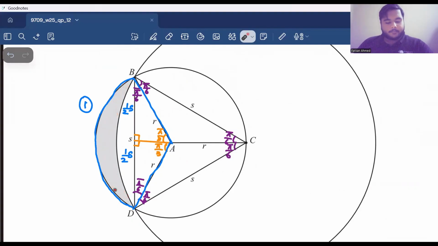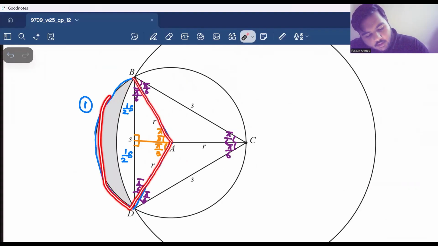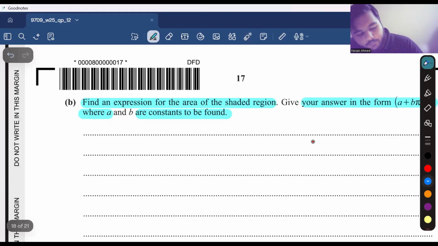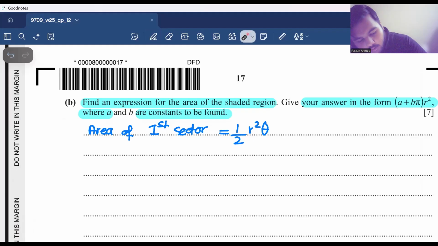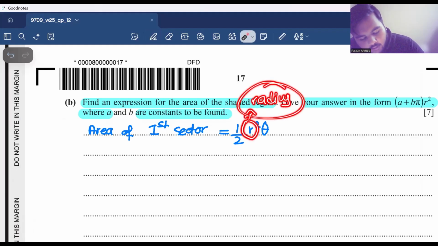First we have to see the area of a sector. So area of first sector is equal to 1 upon 2 r squared theta. R means radius, so the radius in this is r.